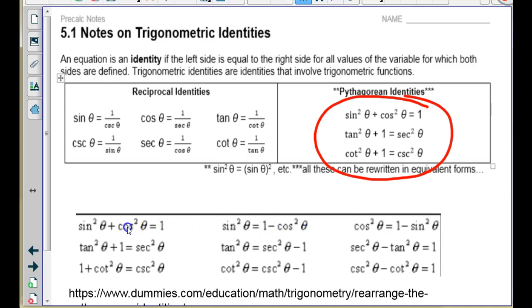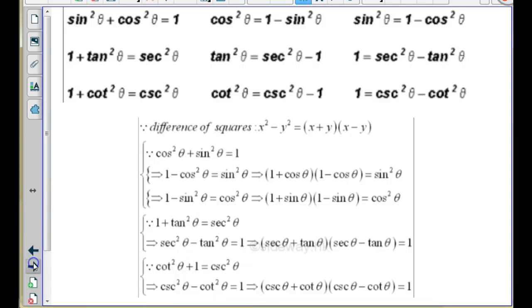Or you could subtract the sine squared over to the other side. You could then change all of the signs. So I could say here negative sine squared equals negative 1 plus cosine squared. Okay, so there's things you can do to keep rearranging them. I think I have another slide here.